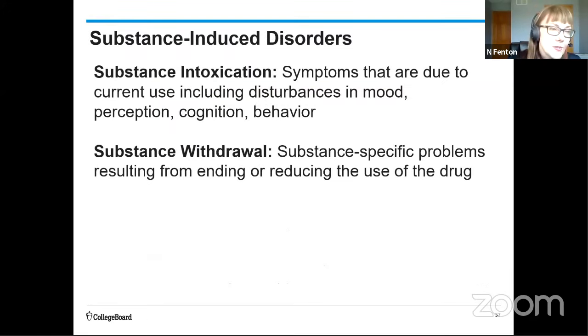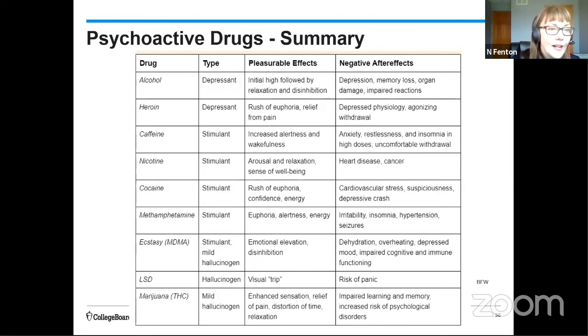And those substance-induced disorders, these are just the 2 specific examples under that category. Okay, this is just a summary of the main drugs of abuse, their pleasurable effects, potentially the reason why people abuse them, and then the negative effects as well.